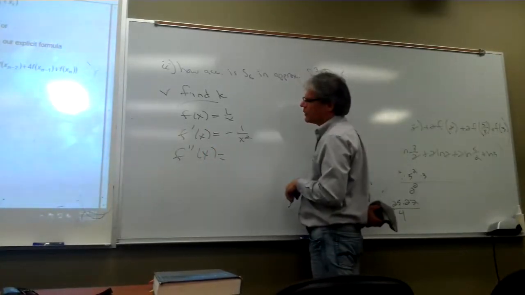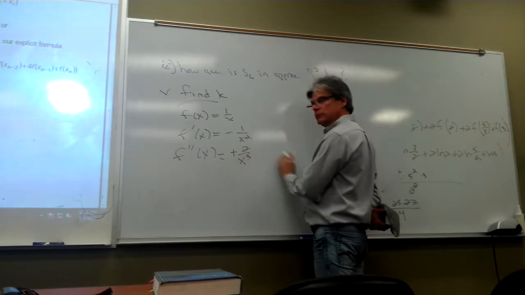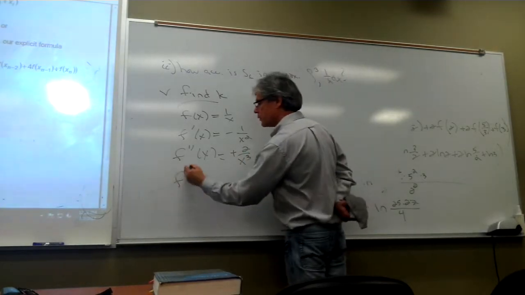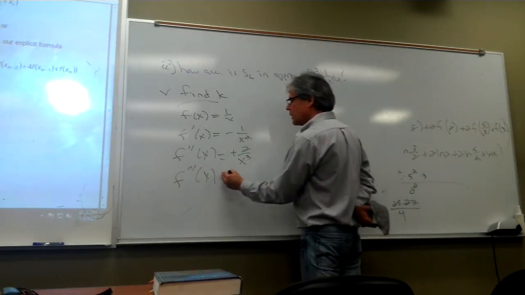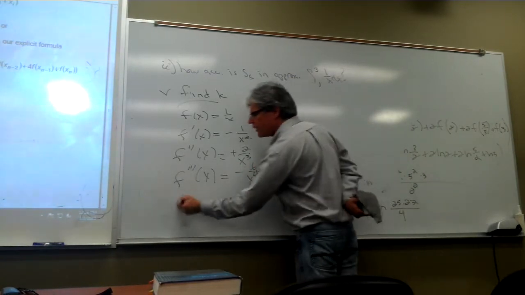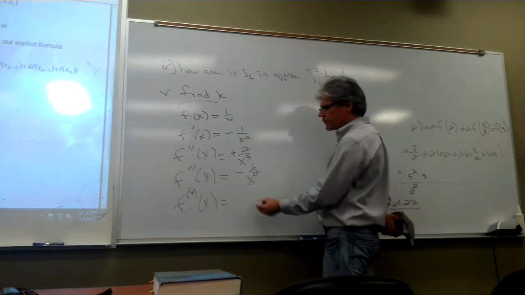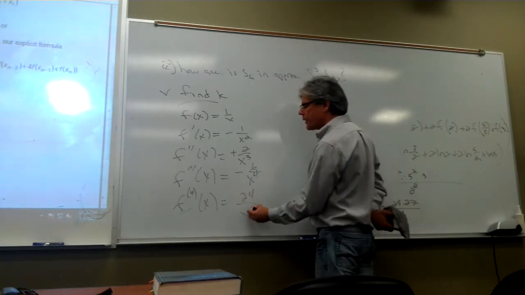Is that a negative or positive 2 over x cubed? I see where it gets something. Third derivative is nothing more than negative 6 over x to the 4th. This isn't bad. The fourth derivative is nothing more than positive 24 over x to the 5th.